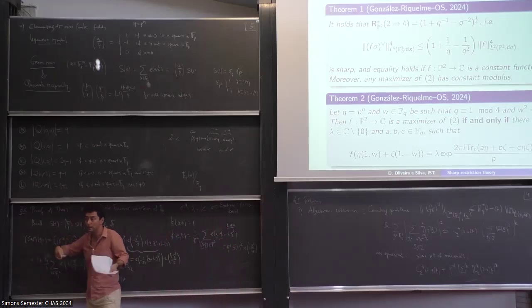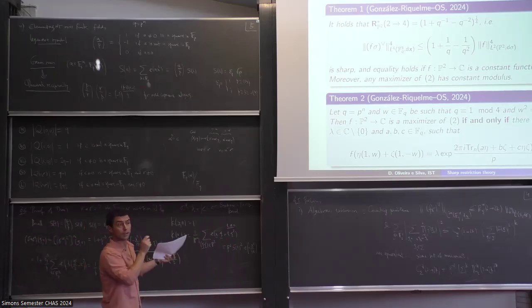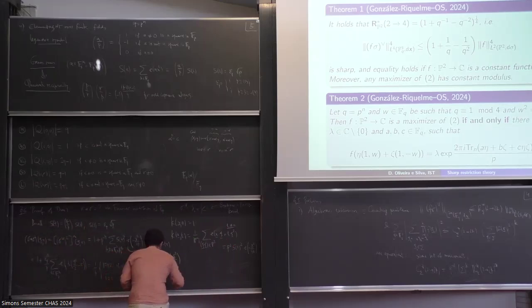This is 1 or minus 1, depending on the congruence class of p. I'm just going to write it as: first choice of signs corresponds to p congruent to 1, and second choice of signs corresponds to p congruent to minus 1.